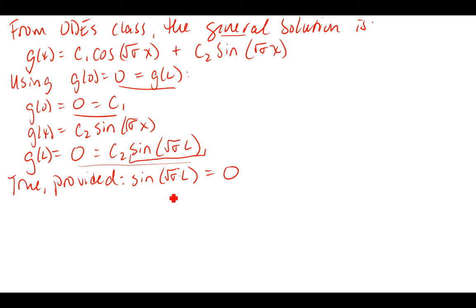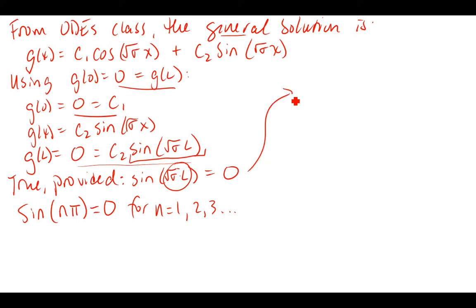So when is this true? This is true provided that this is true. And when is this true? Well, sine of any multiple of pi is always 0. Sorry, maybe I should use n since I'm about to use n. For any whole number, even negative ones, right? So I have to make sure that these are the same.